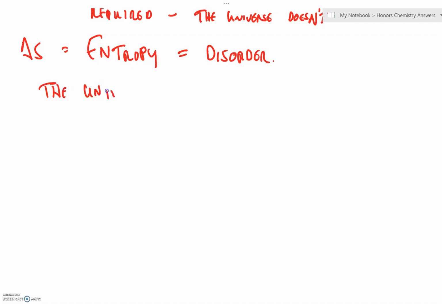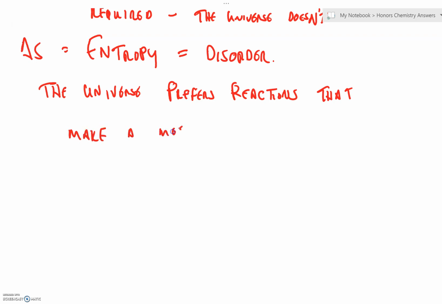The universe prefers reactions that make a mess. The universe likes disorder. Okay, the universe is definitely in favor of reactions that are increasing the disorder, spreading things out. So the universe prefers reactions that make a mess. Okay?